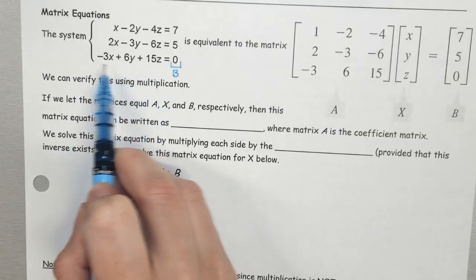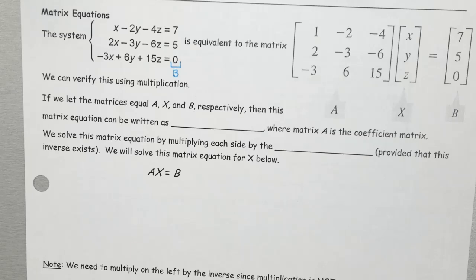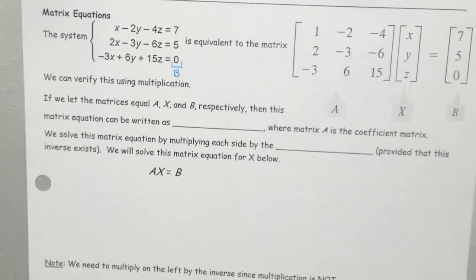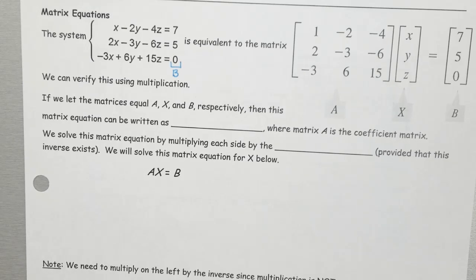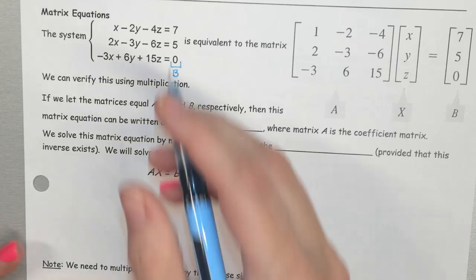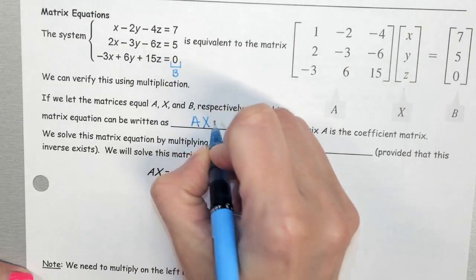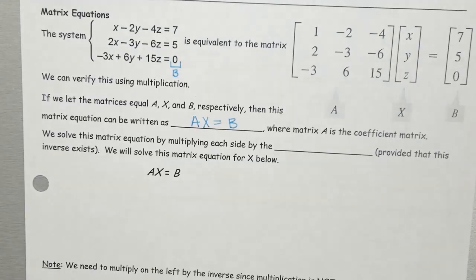The coefficients are the matrix A, and then you multiply that by your x, y, z. So if we let the matrices equal A, X, and B respectively, then the matrix equation can be written as AX equals B, where matrix A is your coefficient matrix.